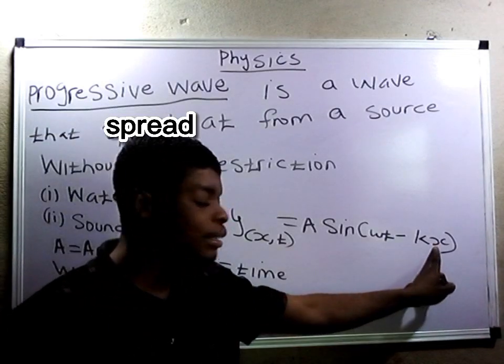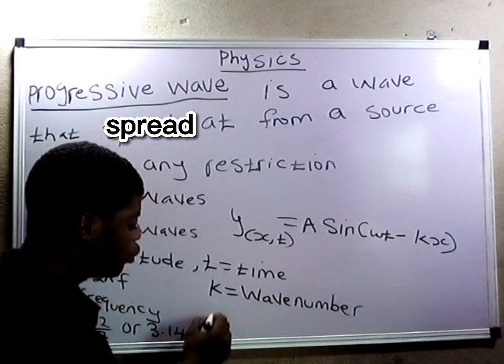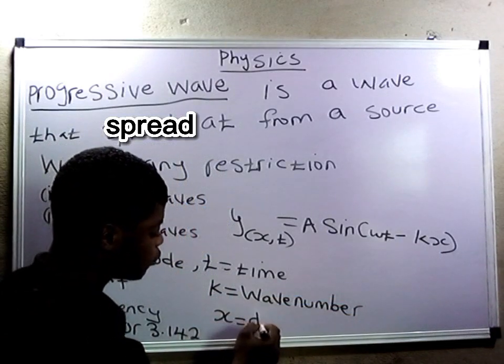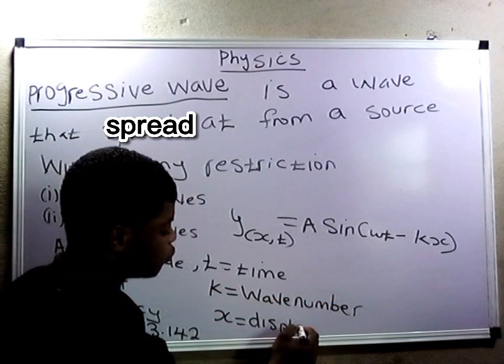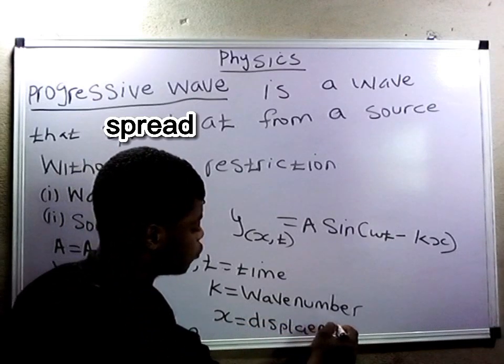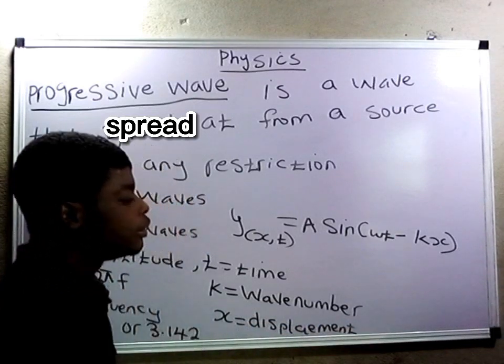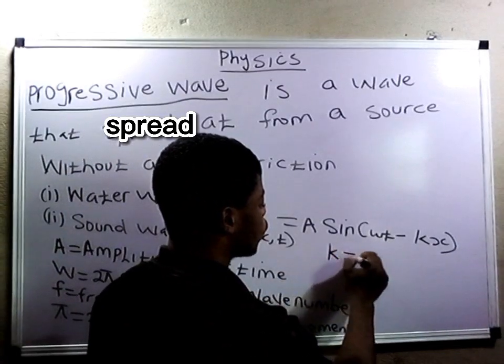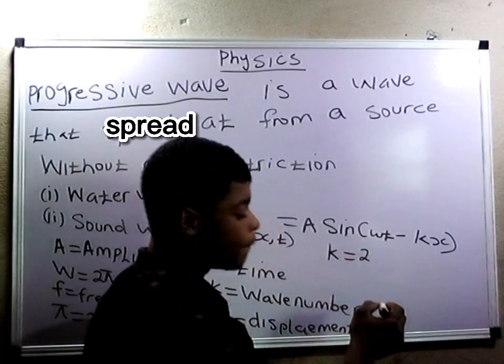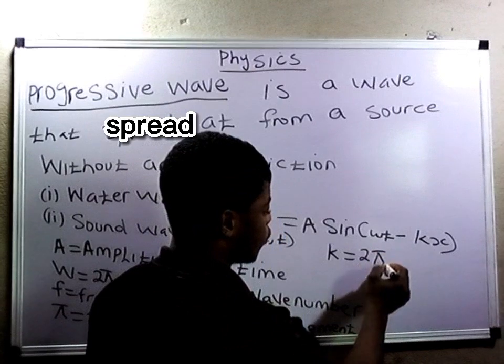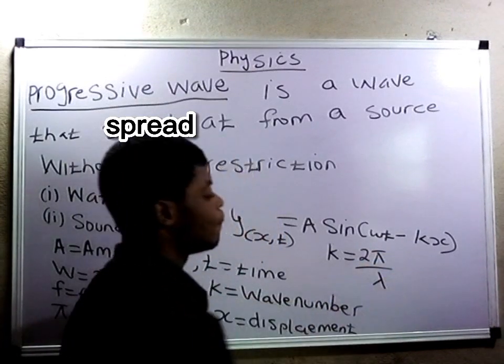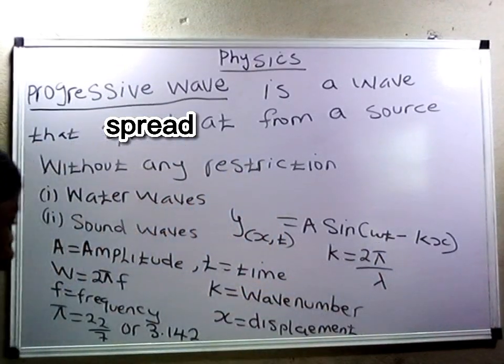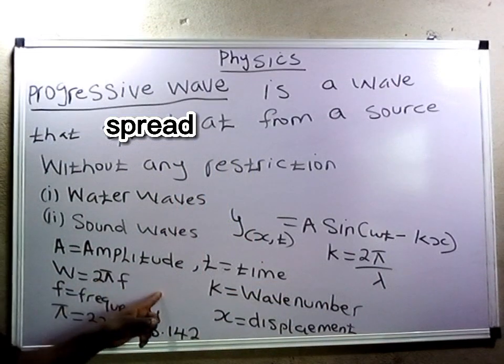Then your x is called your displacement. Then your k is equal to 2 pi over lambda, and w here is equal to 2 pi f.